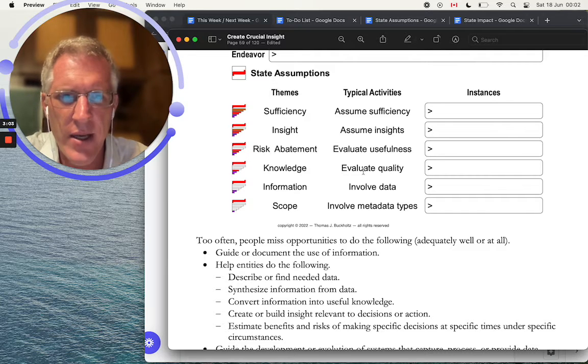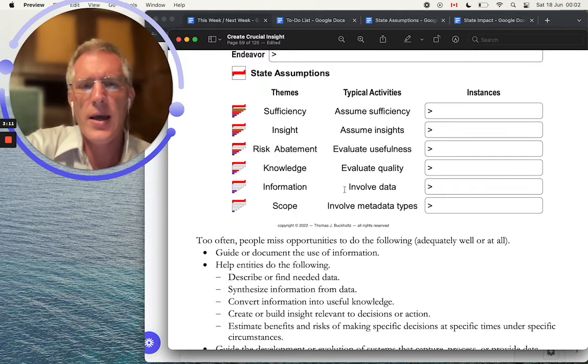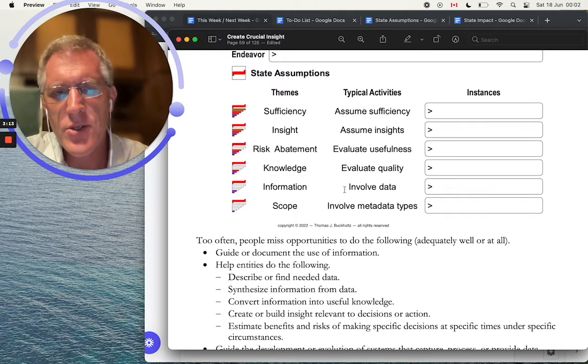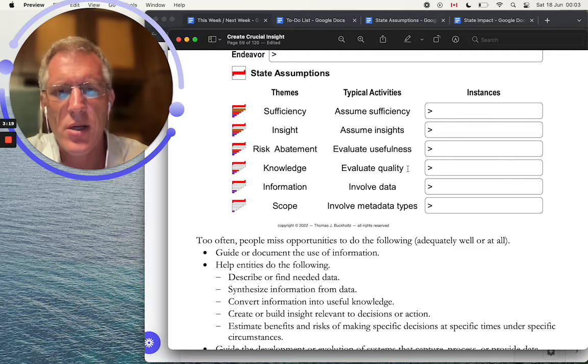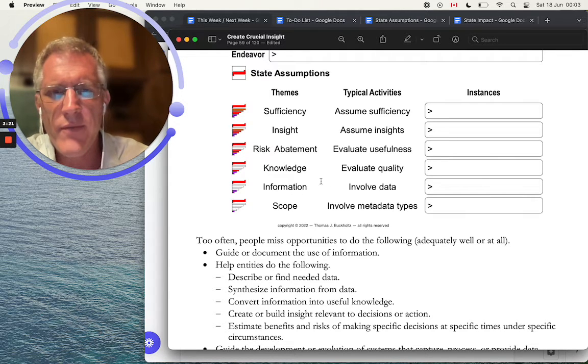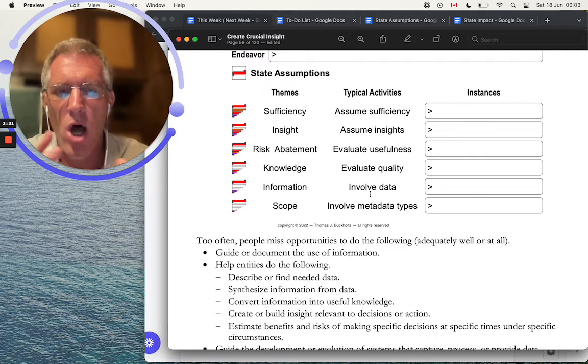It's involved data. Well, what does it mean by involved data? So I get the search results. And then once I have the search results, I'm trying to evaluate the quality and usefulness of that information. With information, we eventually are going to try to amass the data, synthesize the data, and then turn it into what we call knowledge.